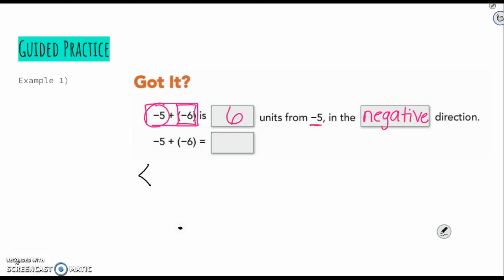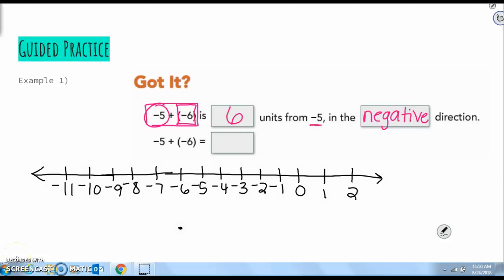So if we were to draw our number line, it could be similar to this. We're going to start on 0. From 0, we're going to move to our first number, which is negative 5.